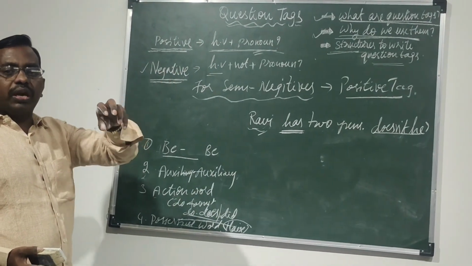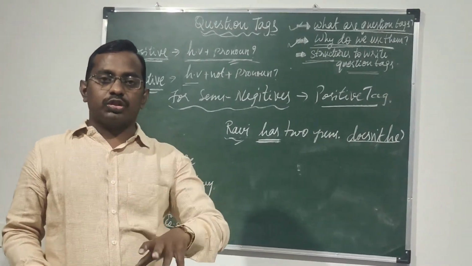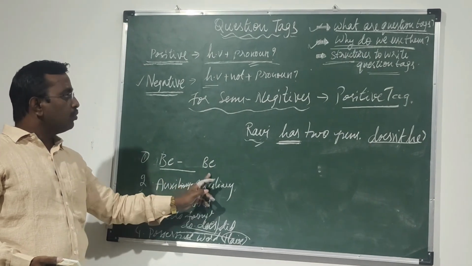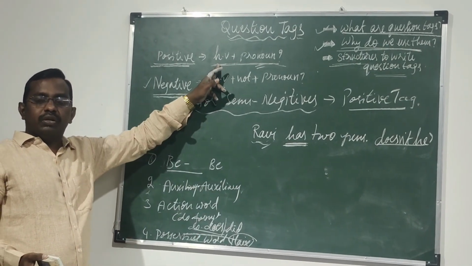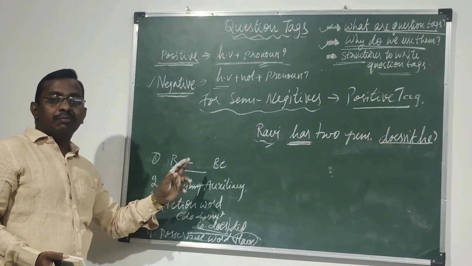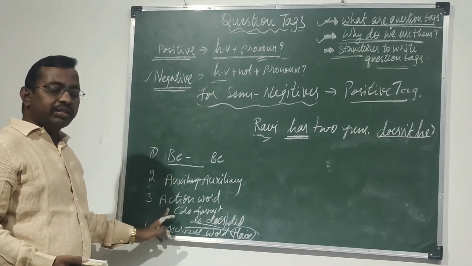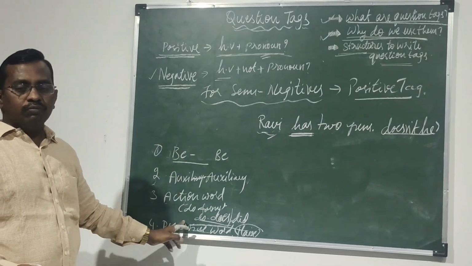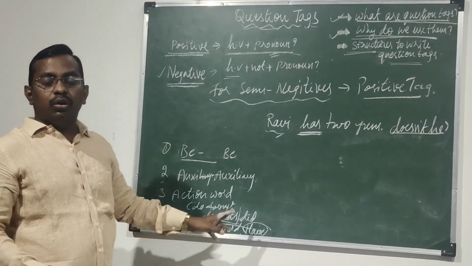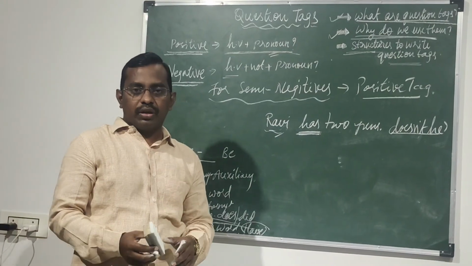We use the question tag to confirm the statement. If there is a be form in the sentence, we use the same be form as a helping verb in the question tag. If there is an auxiliary verb, we use the same auxiliary verb as a helping verb to write a question tag. If there is an action verb, we use the do forms to write question tags. If it is a possessive verb, we again use do forms to write question tags.